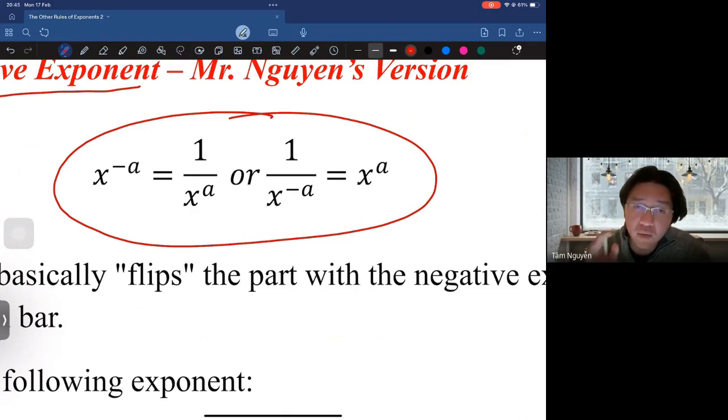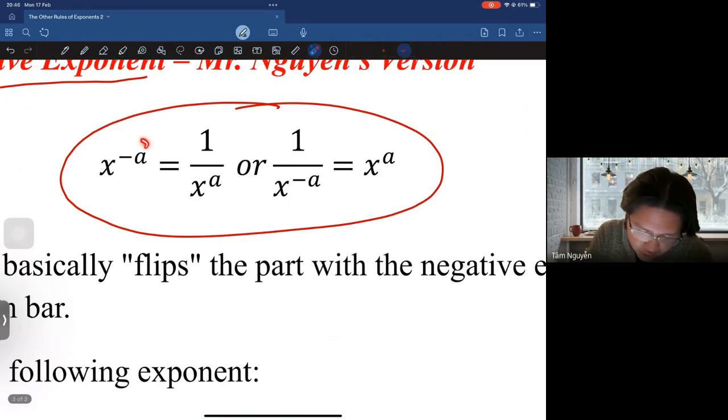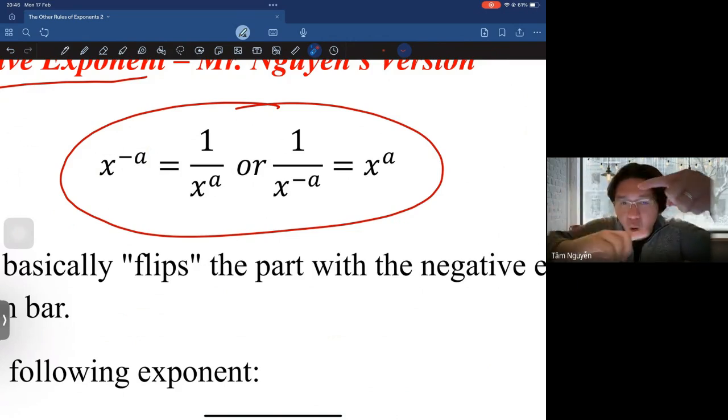This week, after we already learned about the negative exponent, I'm going to have some other rules about writing down those exponents. So now, if you have a negative exponent such as x to the power of negative a, what you're going to do is just flip it over.